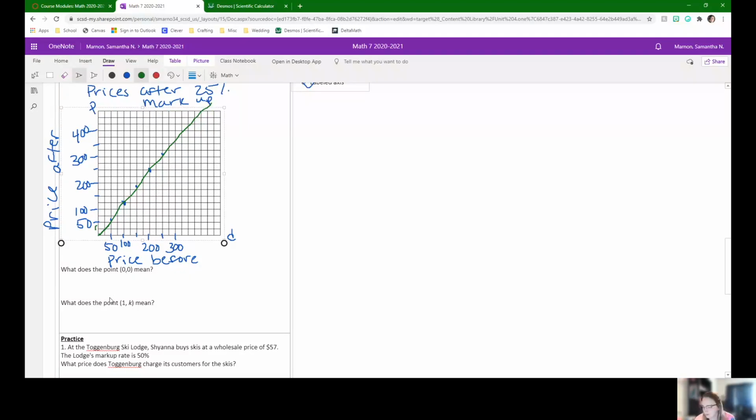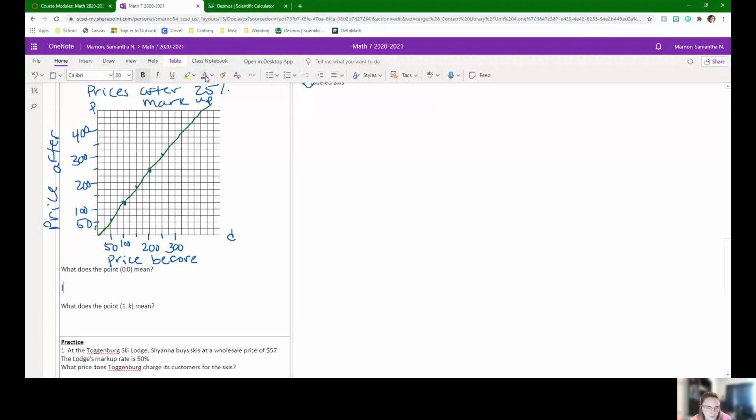So if it cost $0 originally, after markup, it's still $0. So let's just type that in. So if it costs $0 before markup, it still costs $0. And that makes sense. If it didn't cost anything at all, when you mark it up, it's not going to change.